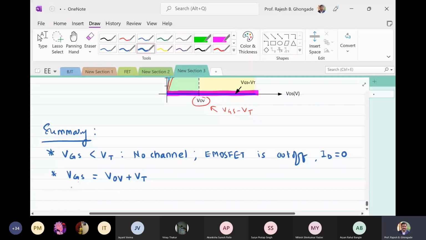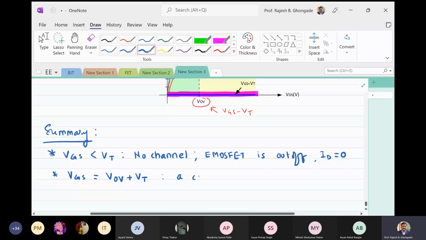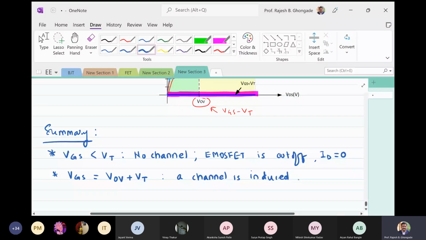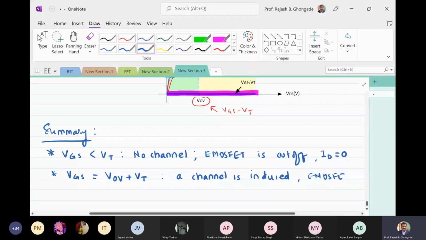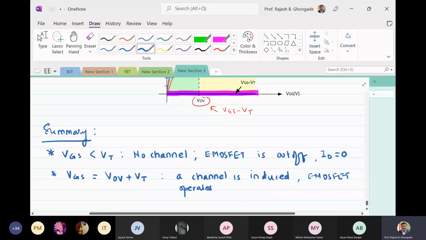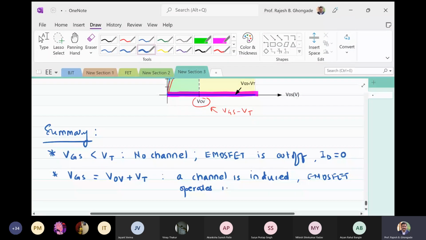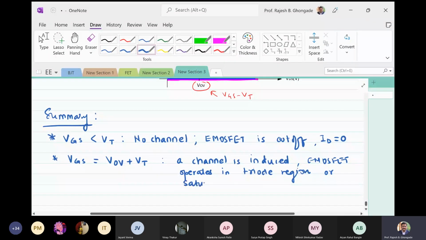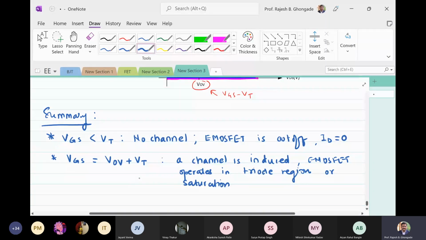Because we know VOV is VGS minus VT, na? So here a channel is induced and the transistor, that is the E MOSFET, operates in triode region or saturation region, depending on the value of your VOV.